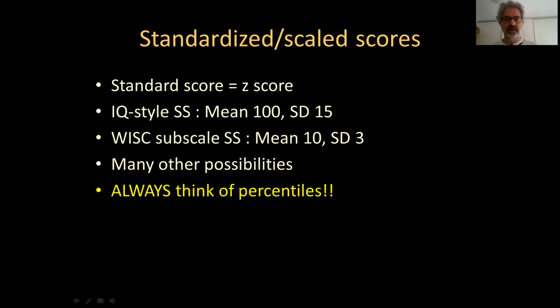So standardized scores can be scaled. The original standard score is the z-score, but we can scale them to be like an IQ scale, and these are with a mean of 100 and standard deviation of 15. This is what IQ scores actually are.